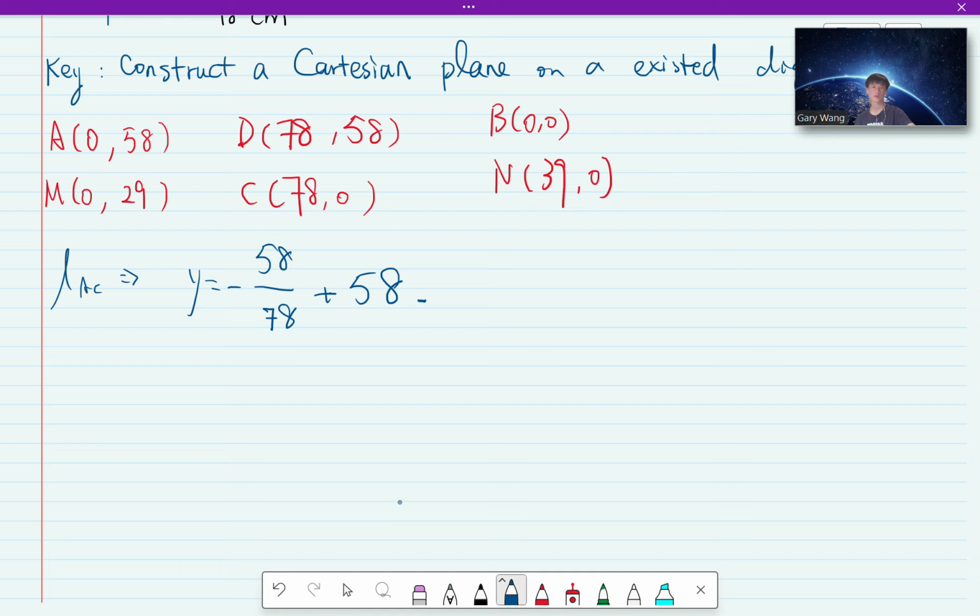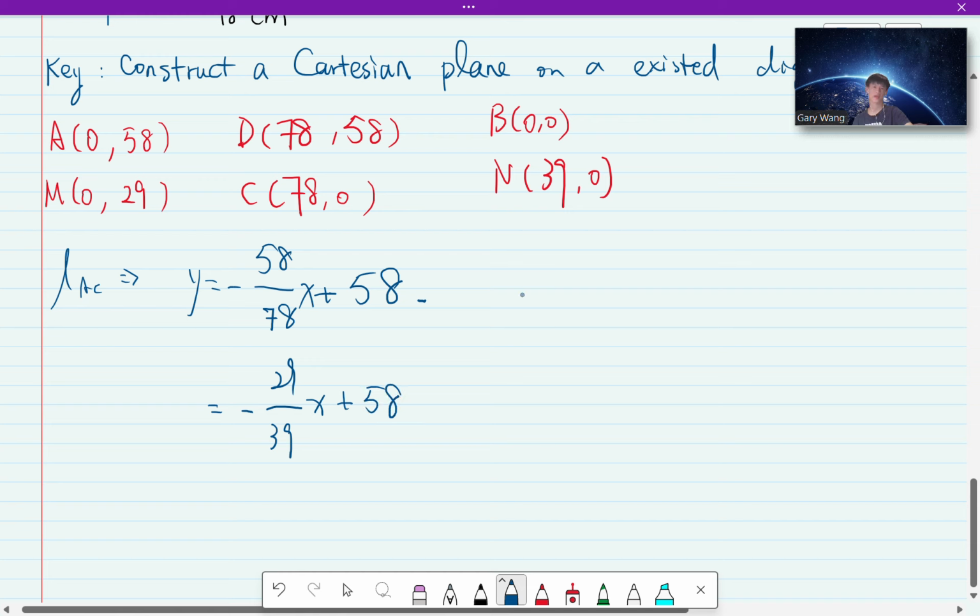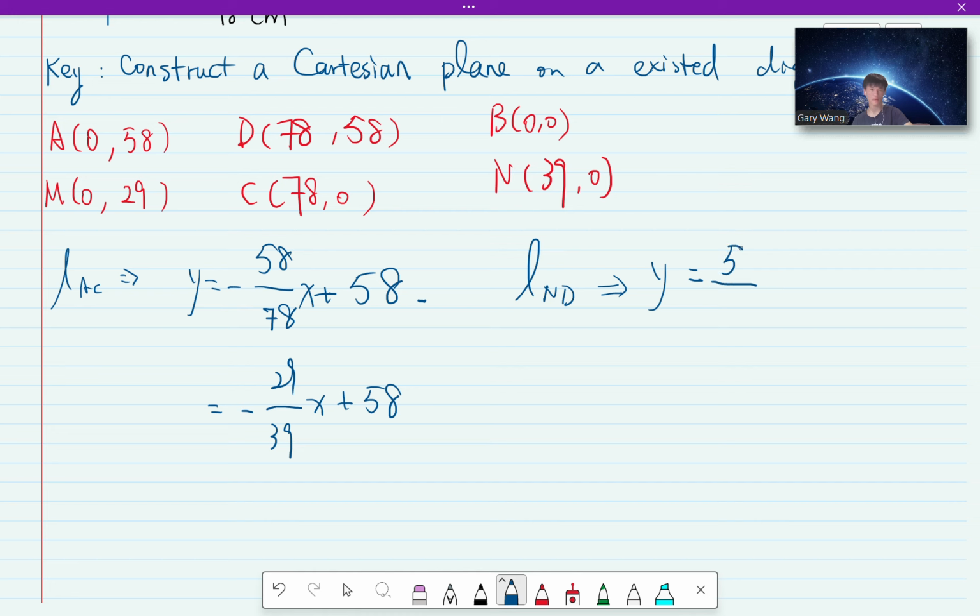Now we also want to do a simplification of this slope right here. After simplification, it would be negative 29 over 39 x plus 58. If we apply the same strategy to ND, we can successfully obtain that the equation of ND would be y equals 58 over 39 x minus 58.